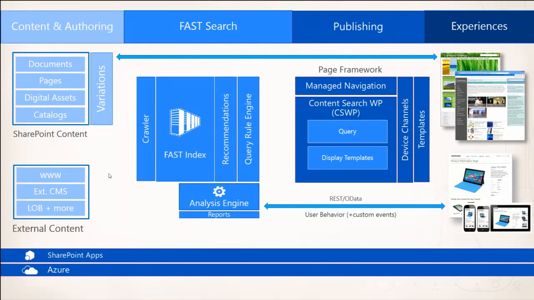This is very powerful because it's not just across 2010 to 2013, but it also works across line of business or other content management systems that you might be using. And that's another benefit of separating these layers, because if you encapsulate the complexity in each layer, then it's much easier to change the layers and play around with things. And that's one of the benefits of this whole new architecture and plumbing that we have invested in.